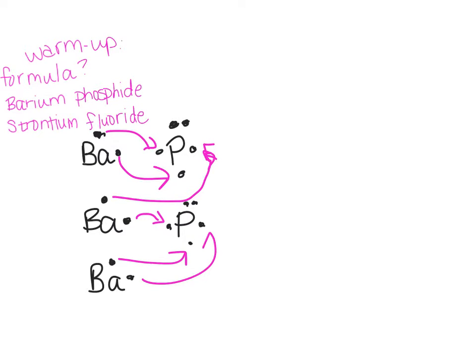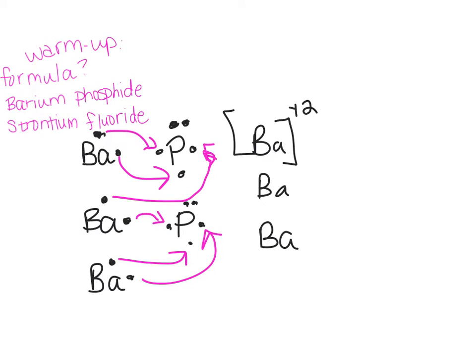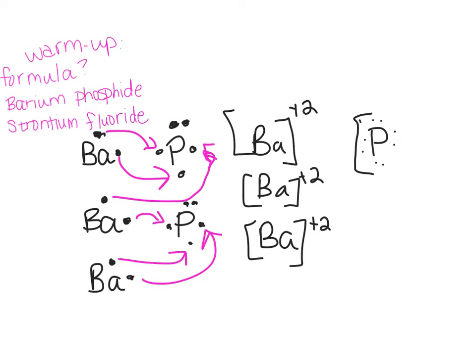So once you had figured this out, your after picture needed to be Ba, Ba, Ba, each with a +2. You should still be practicing it because you will have to do this. And then your phosphorus should have had 1, 2, 3, 4, 5, 6, 7, 8 dots, and a -3.